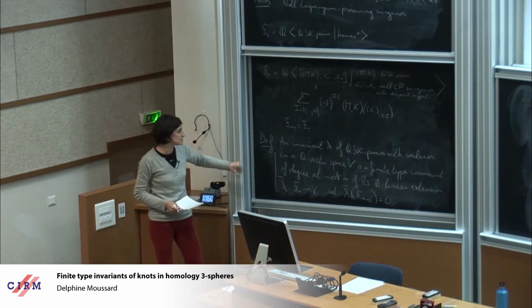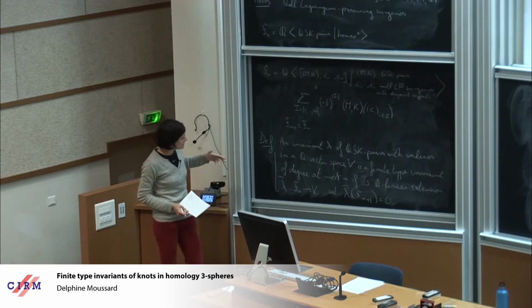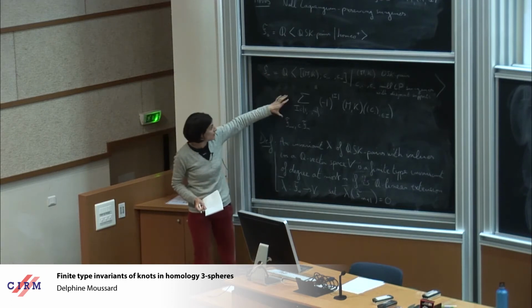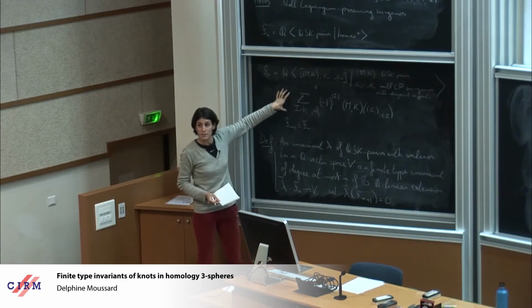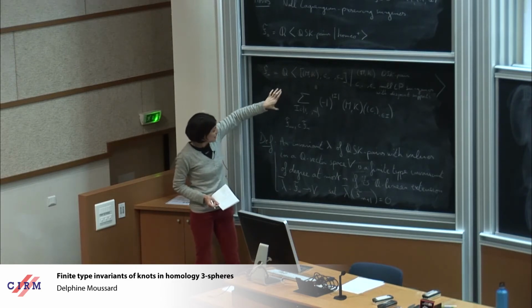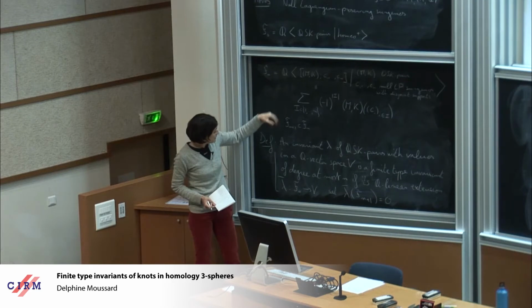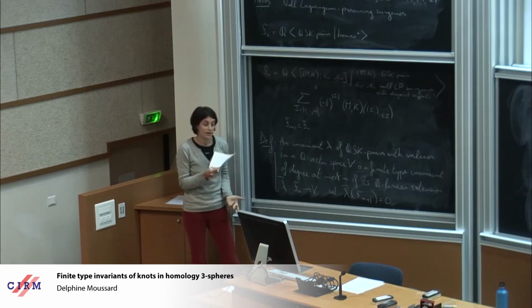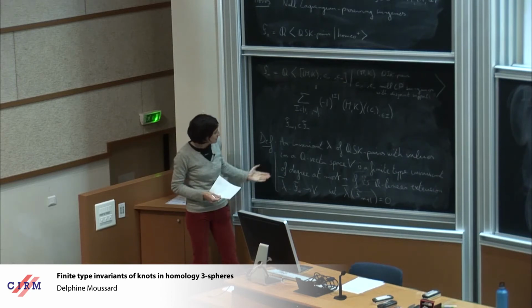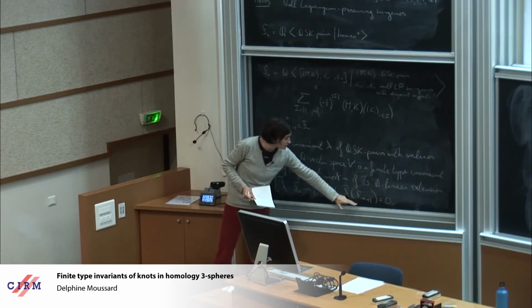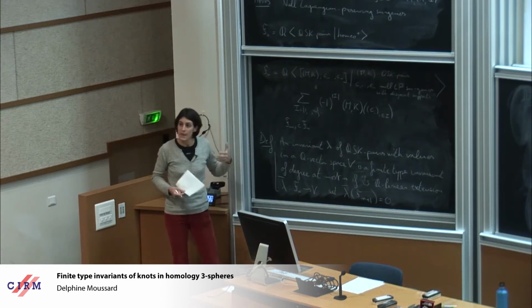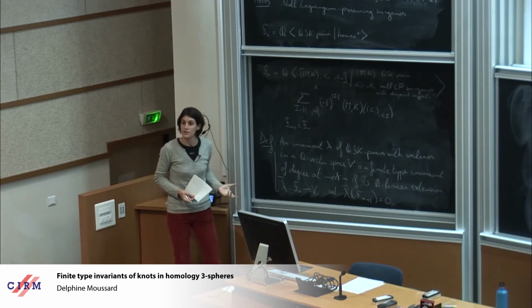Maybe a way to understand this definition is to consider that when we evaluate this linear extension lambda bar on such an alternating sum, we can think of it as a derivative of the invariant lambda of order n. So what we are asking here is that all the derivatives of lambda from the order n+1 are vanishing. So we sometimes say that finite type invariants are invariants that have a polynomial behavior with respect to the move that defines the theory.